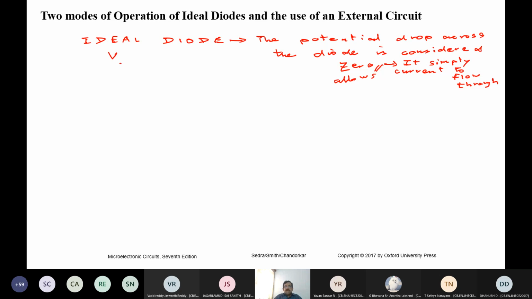Vd equal to 0 and I is greater than 0. This is possible only under forward bias. We talked about this.